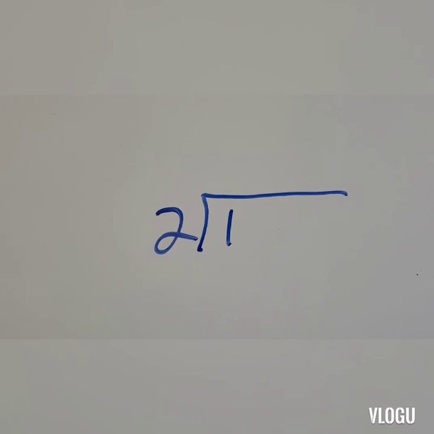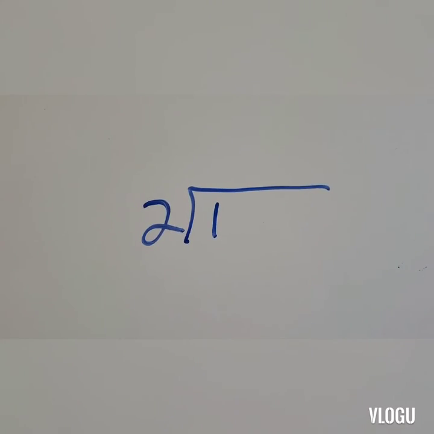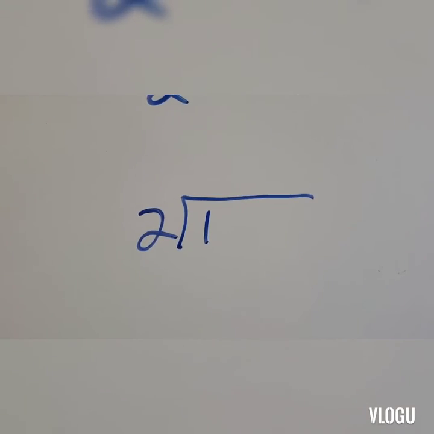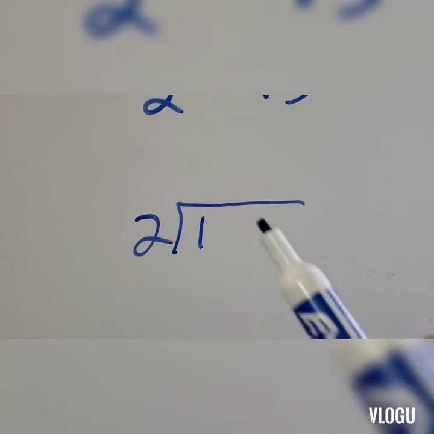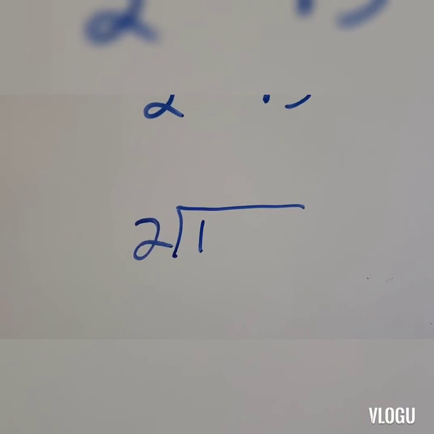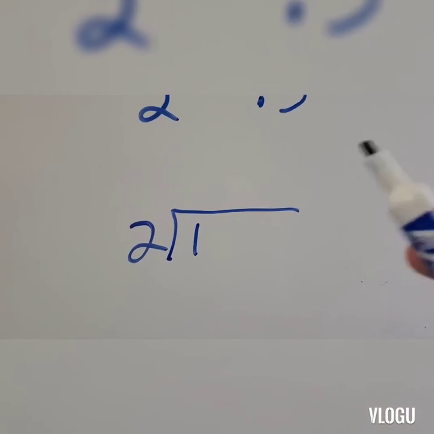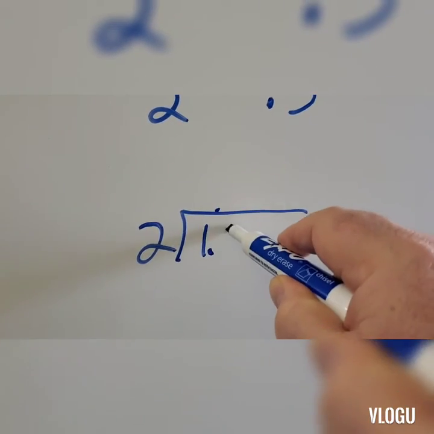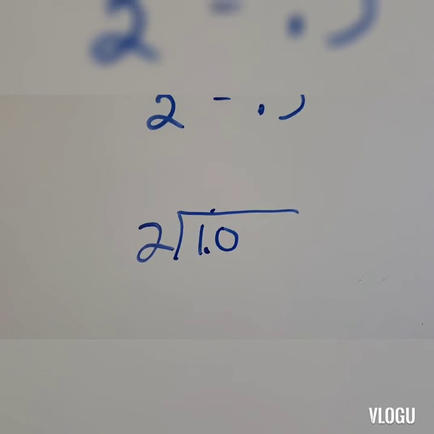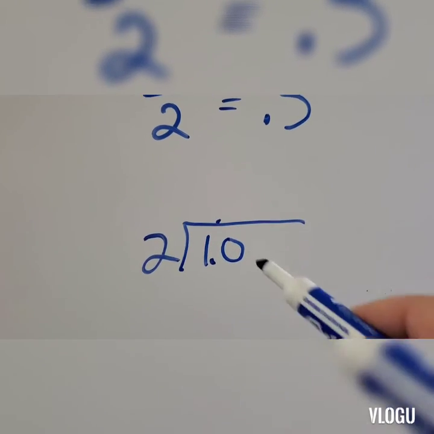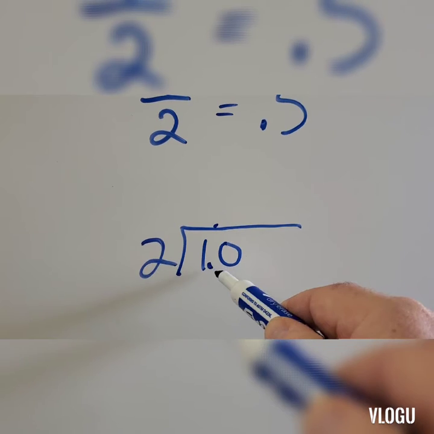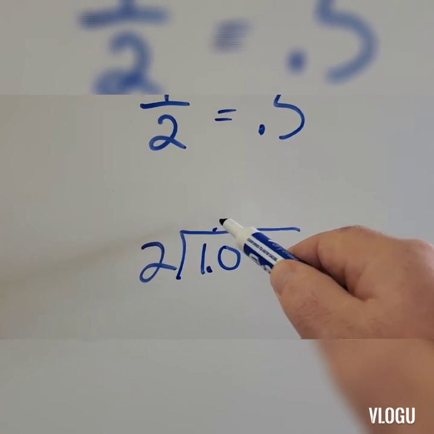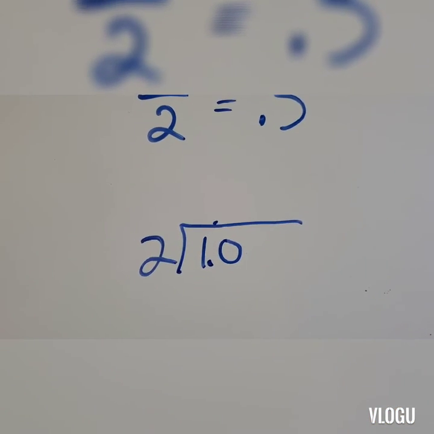Hopefully you're all thinking to yourselves, yeah, I know how to do that. I know how to extend this number without changing its value by adding a decimal and a 0. Now you notice that as soon as I put a decimal here, I brought the decimal straight up above.